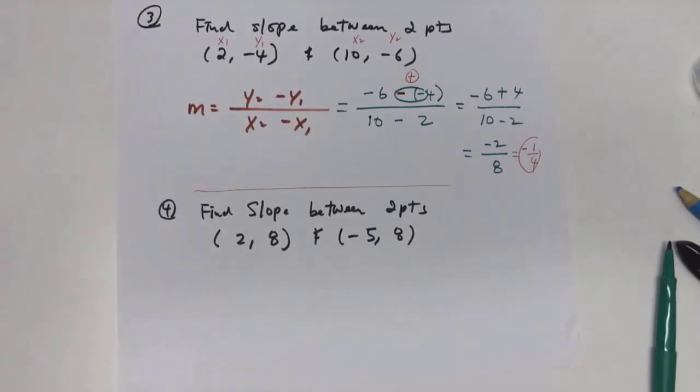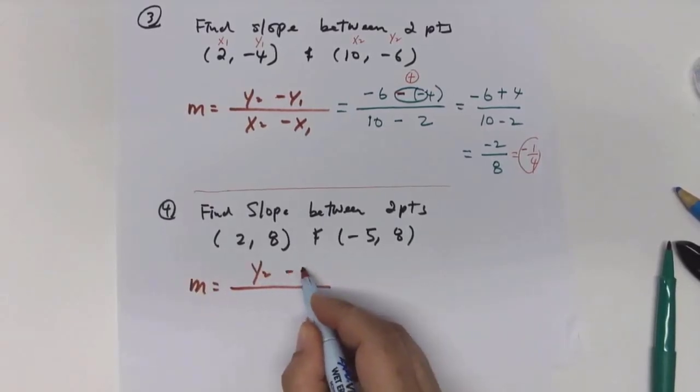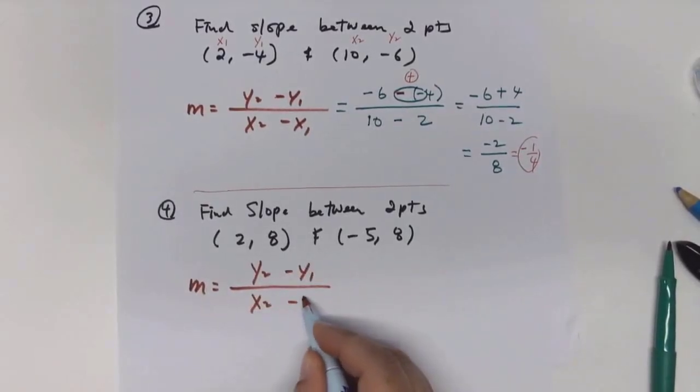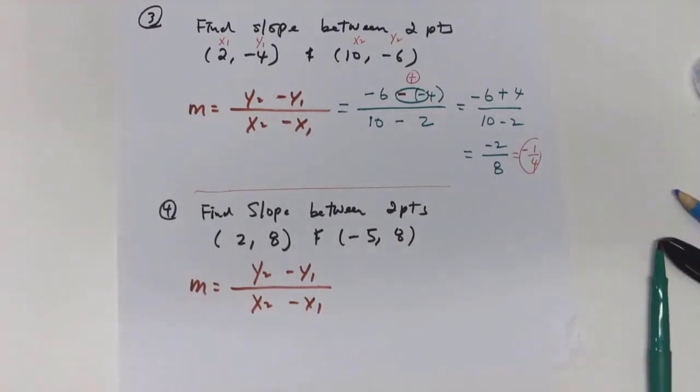So I want you to label the points first, x1, y1, then write down the formula, y2 minus y1 over x2 minus x1. If you know the correct formula, always write down the formula first, so if you mess it up, I can give you some partial credit. Okay, so label the points and plug it in for me. I'm going to check with you in a minute.